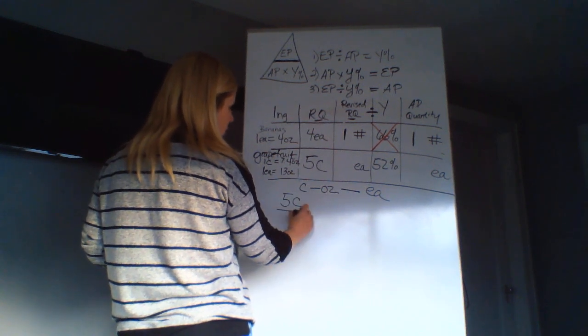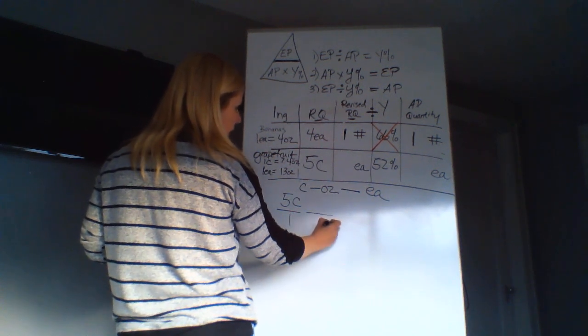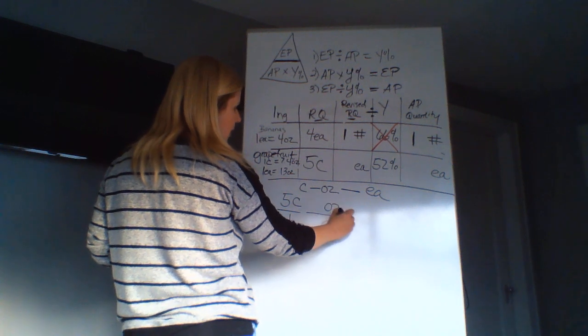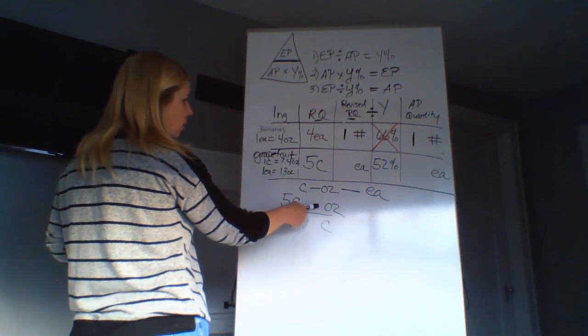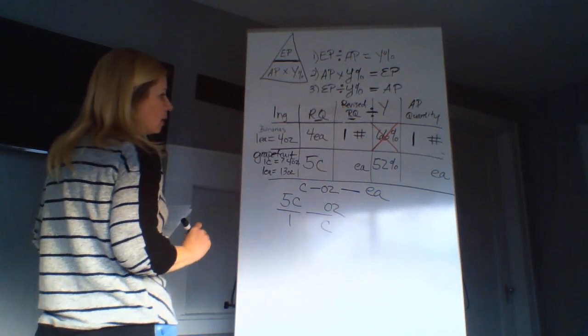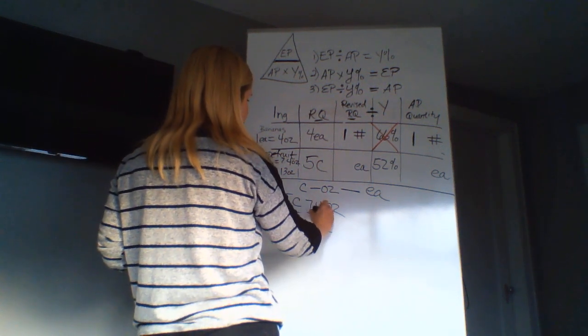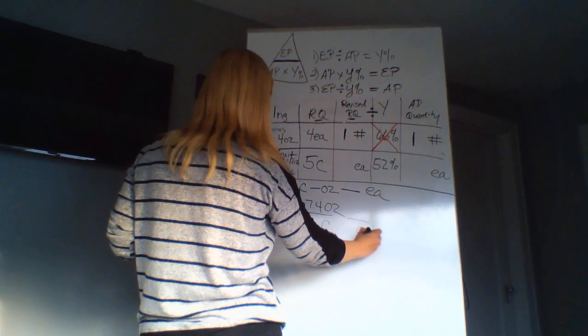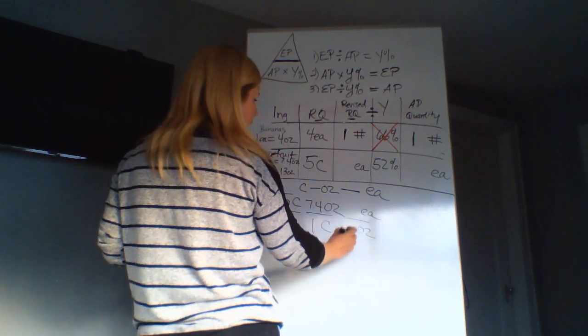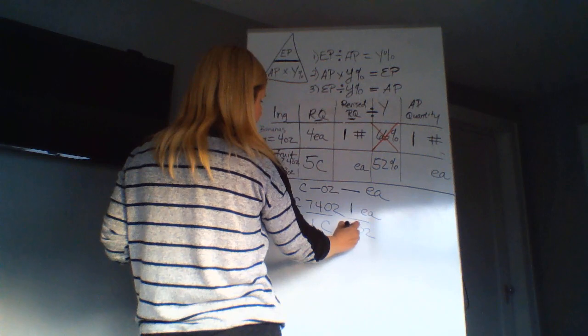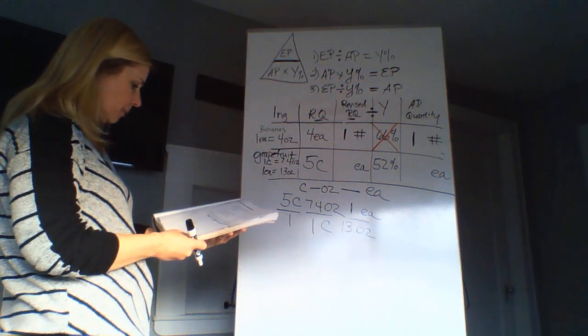5 cups over 1, bring cups down, ounces up. How many ounces does 1 cup of grapefruit weigh? Well, 1 cup of grapefruit weighs 7.4 ounces. Ounces come down, eaches come up. 1 each weighs 13 ounces, okay?